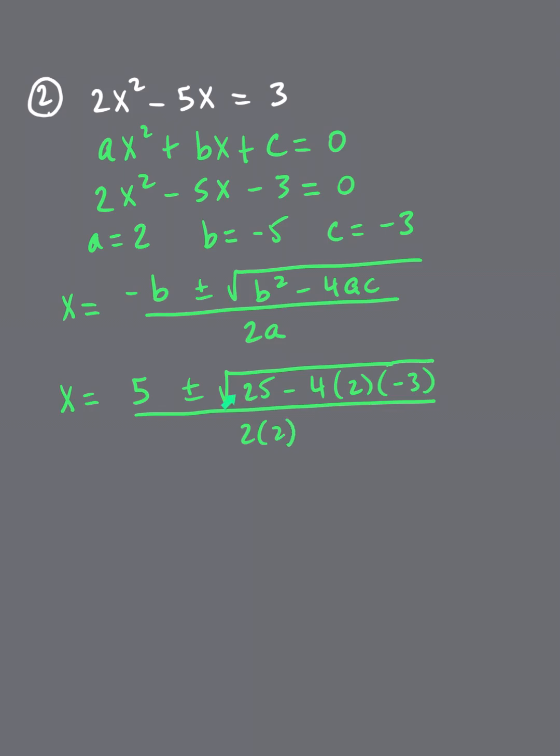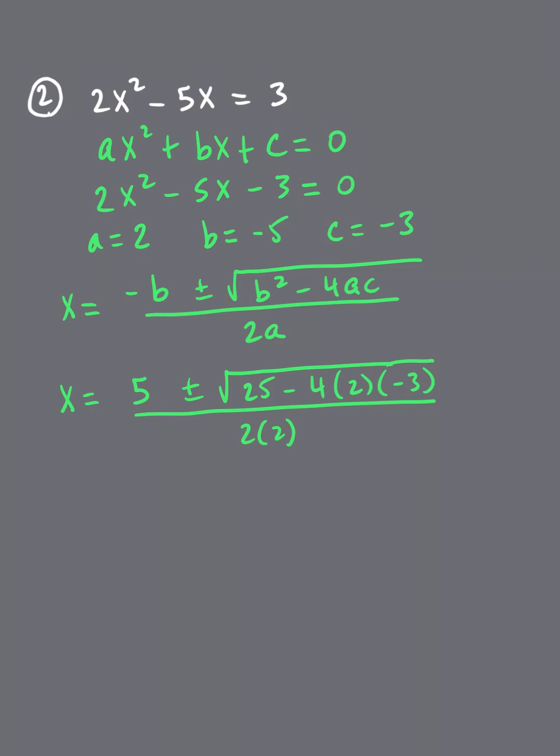Now, I do recommend going ahead and changing the sign on b and squaring b here. But here you need to be very careful to not try to do too much of this in your head, because you really need to watch these negatives here. Since you have minus a negative, you're going to end up adding these two numbers, and that's where you do need to be very careful.